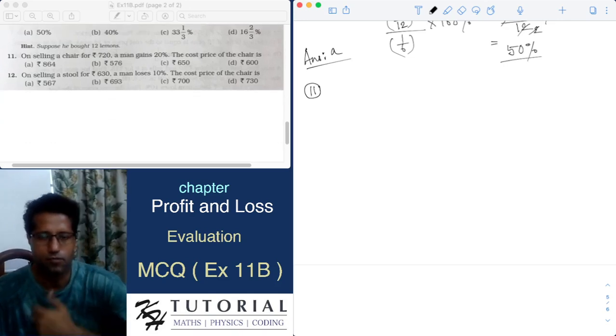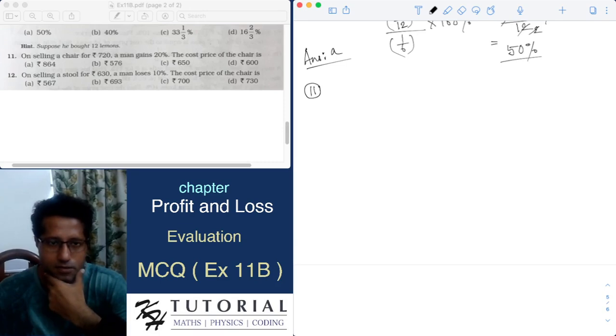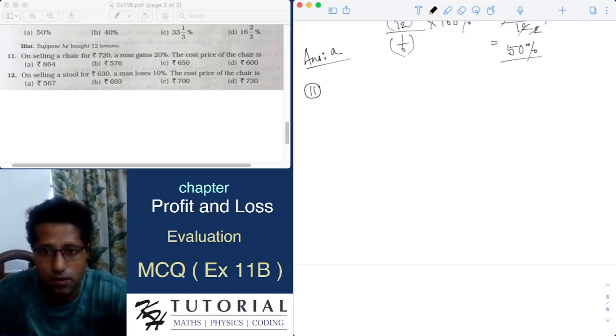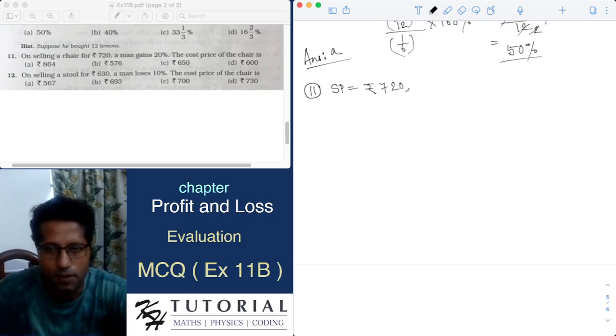On selling a chair for rupees 720, a man gains 20%. The cost price of the chair is, so these are all pretty straightforward questions. Selling price is given to be rupees 720 and the gain percent is given to be 20. So what is the cost price?